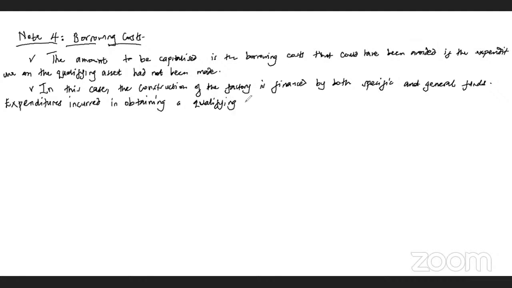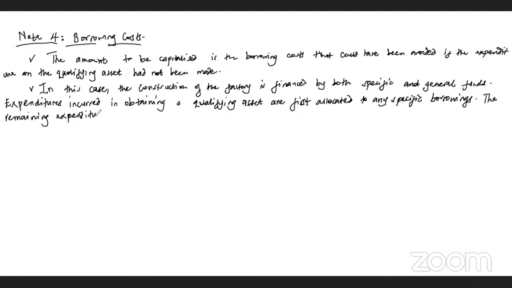In obtaining a qualifying asset, are first allocated to any specific borrowings. And of course, the remaining expenditures are allocated to any general borrowings.